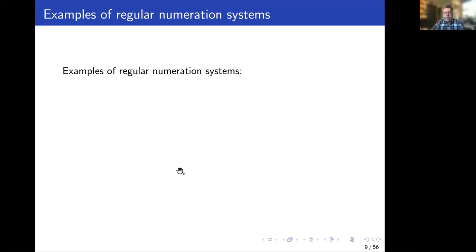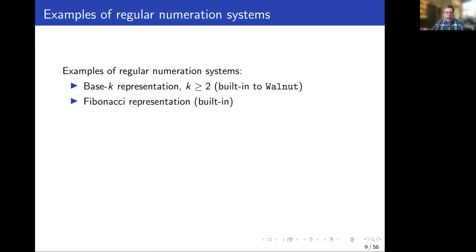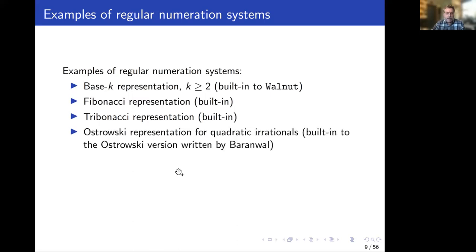Okay, so some examples of regular enumeration systems, as I said, base K, that's built in, and Fibonacci representation, which is built in, and Ostrowski representation for quadratic irrationals is built in to this version written by Baranwal.